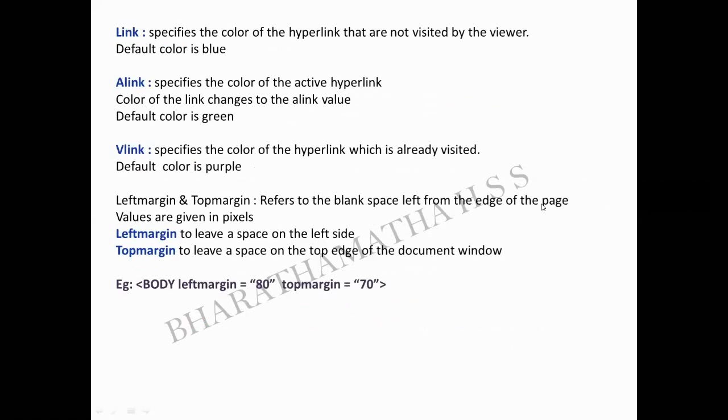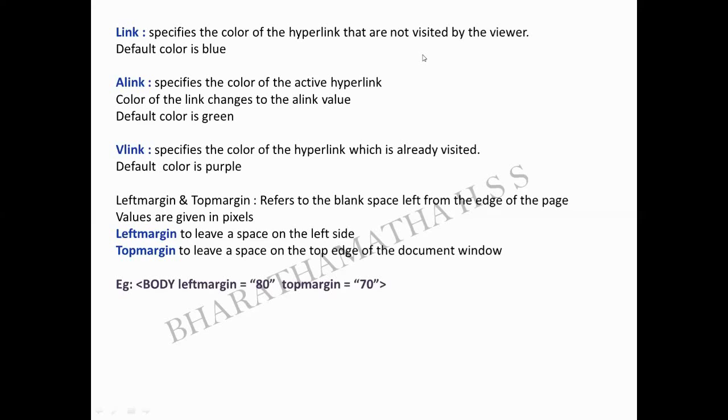Then the next is A link, V link. Just understand what all these are. A link means, for example, when you are visiting a website, you have given a search command, or you are searching with a keyword. Immediately the various sites related to your search will be displayed.